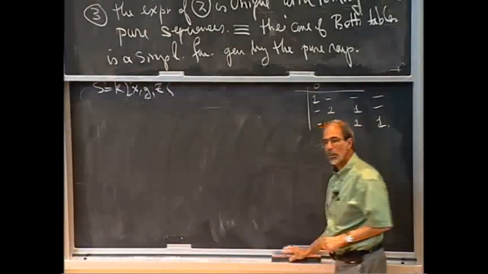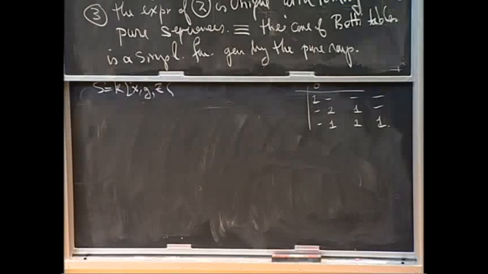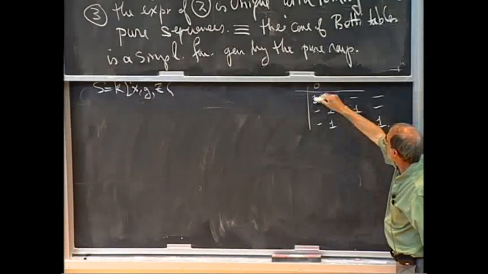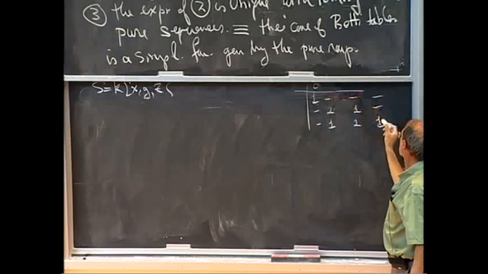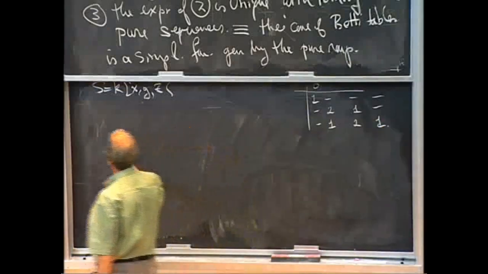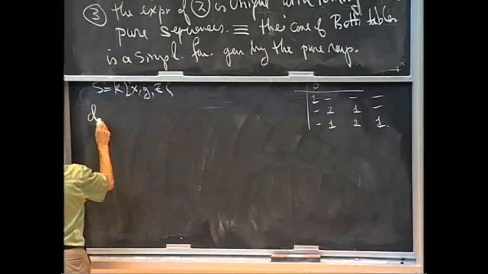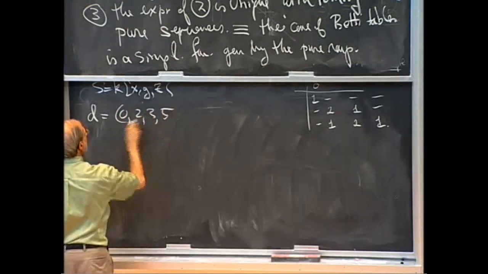So I want a totally ordered sequence of degree sequences, so I better start with the smallest degrees that occur. Otherwise, I'm really up a creek. I'll never get anything else. So I start with the degree sequence 0, 2, 3, 5.